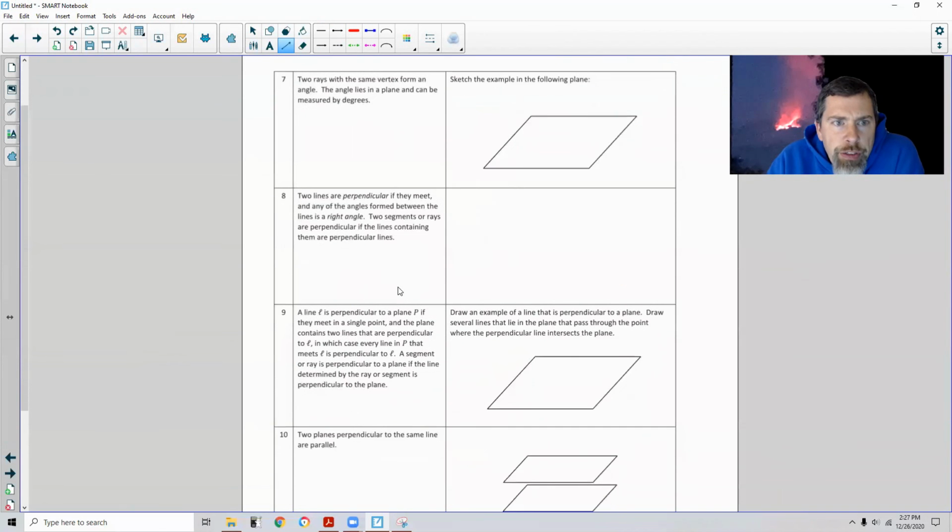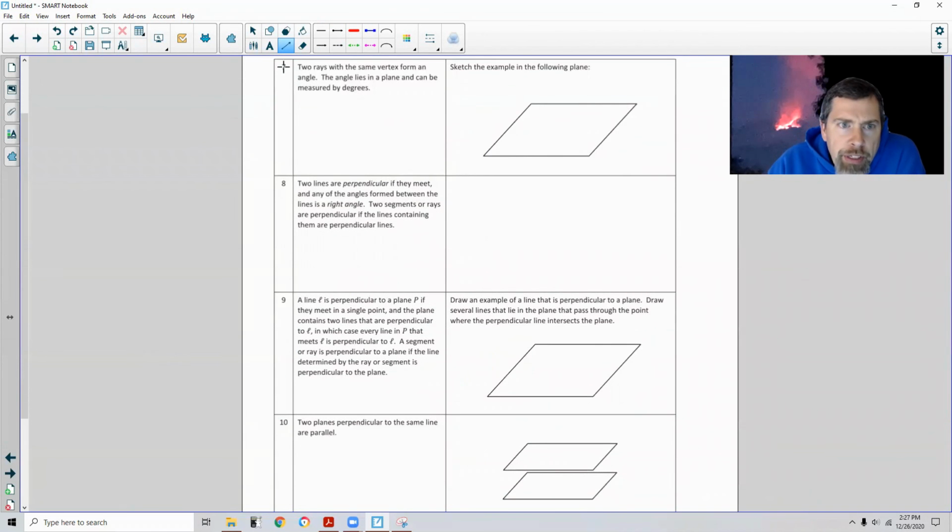Okay, page 4, we're continuing. So number 7 says two rays with the same vertex form an angle. The angle lies in a plane and can be measured by degrees. Sketch the example of the following plane. So I'm going to start by putting a dot right here. So two rays with the same vertex.